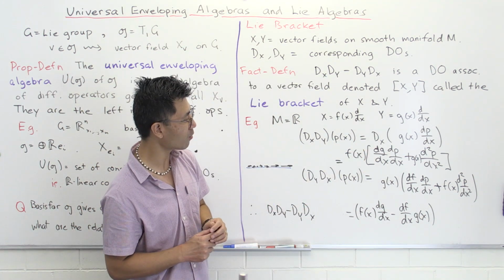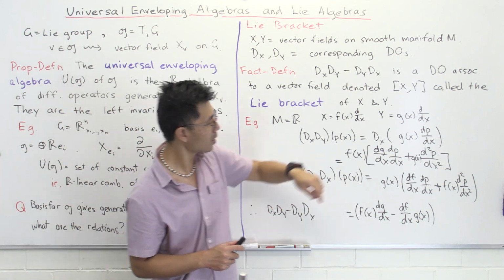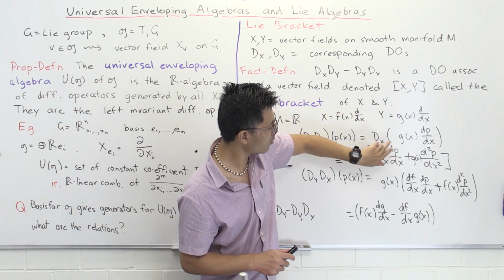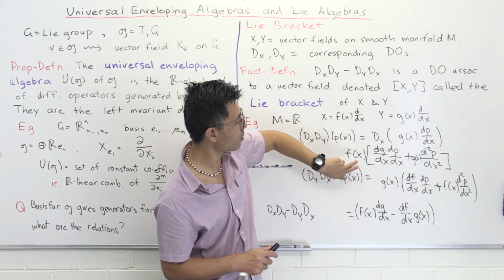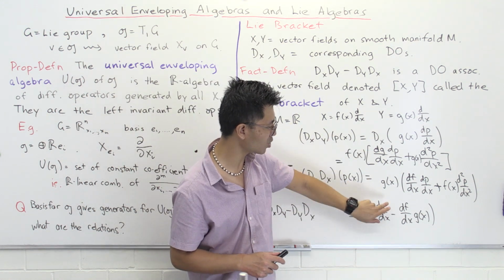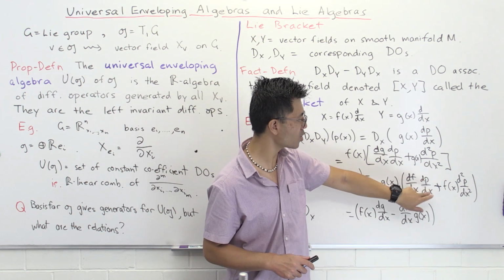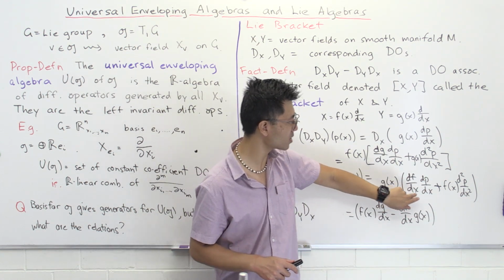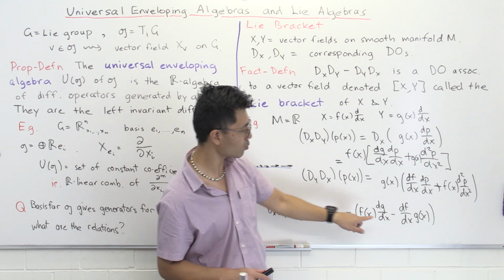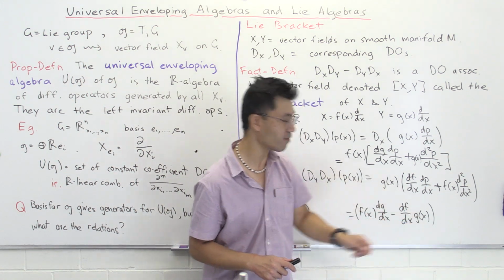Okay, so let's look at the first order terms and see what we get. You differentiate p, and then you multiply by f of x dg/dx. And here, this first order term, you differentiate p, and you multiply on the left by g of x df/dx. So you're subtracting this one, so you subtract df of x times g of x.